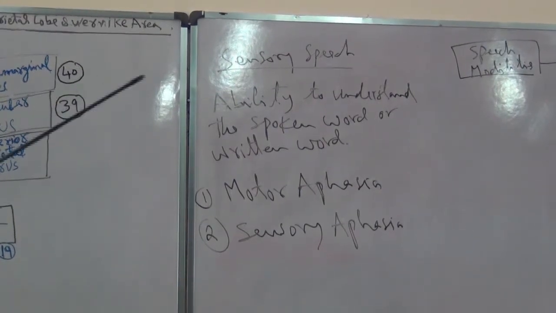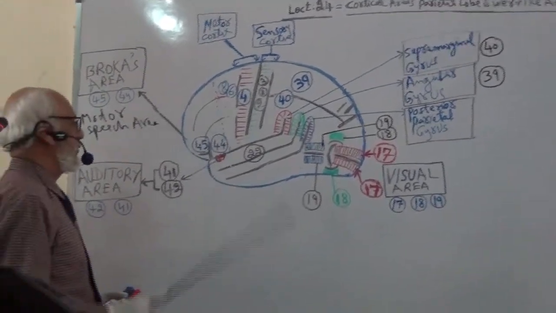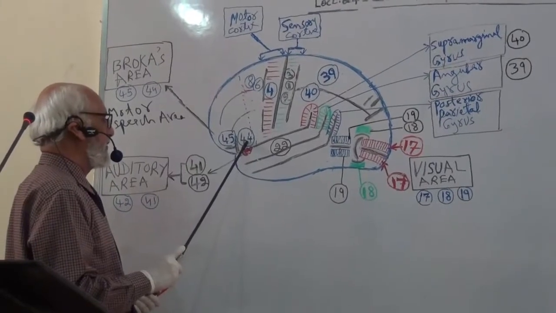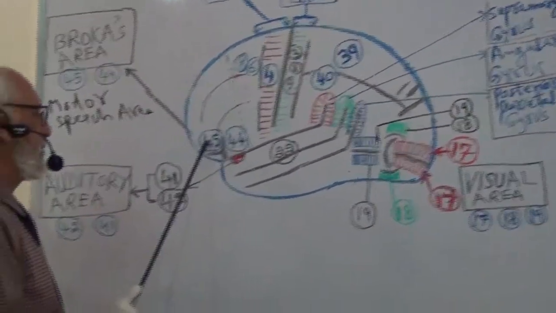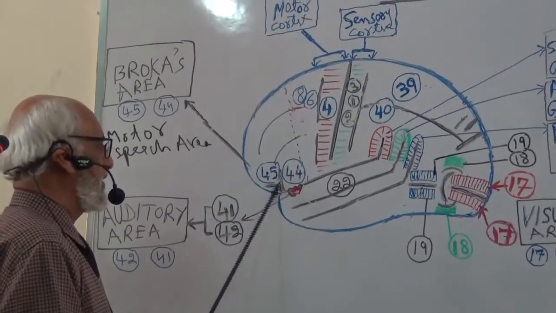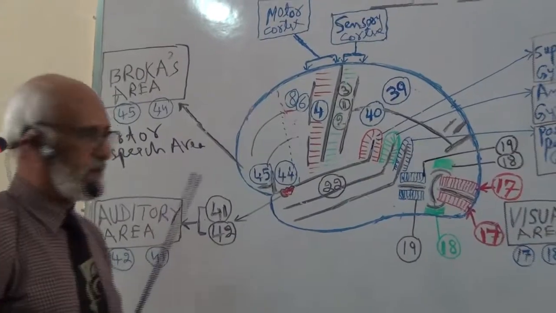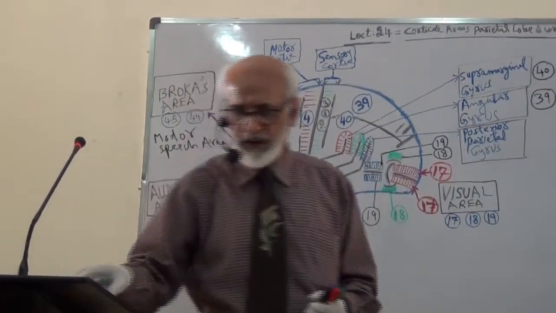Now, Broca's area, as we already discussed, is on the lower part of the lateral surface of the frontal lobe: pars opercularis, Brodmann cortical area 44, and pars triangularis, Brodmann cortical area 45, separated by rami of the lateral sulcus. Now, next is Wernicke's area.